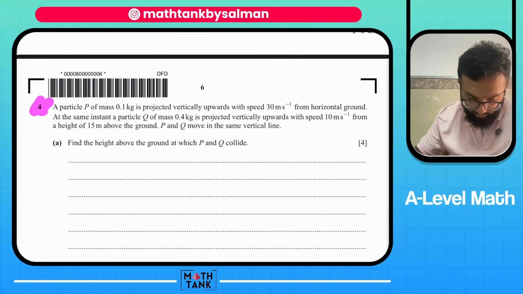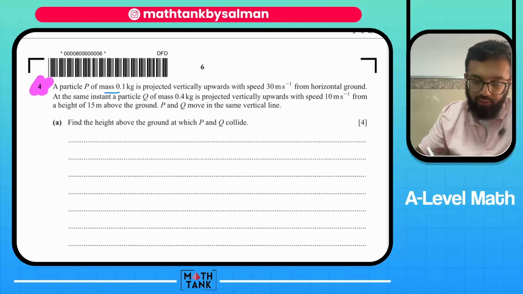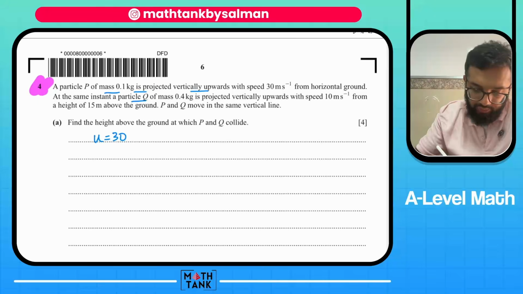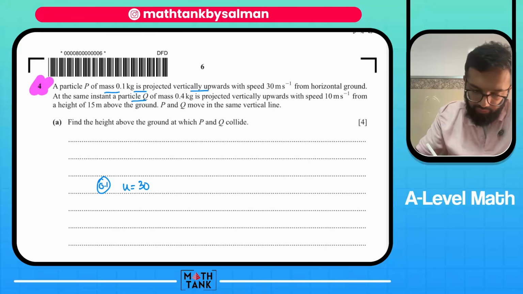Question number 4 quickly. A particle P of mass 0.1 kg is projected vertically upwards with speed of 30 from horizontal ground. At the same instant, a particle Q of mass 0.4 kg is vertically projected upwards with speed 10 from a height of 15 meters above the ground.